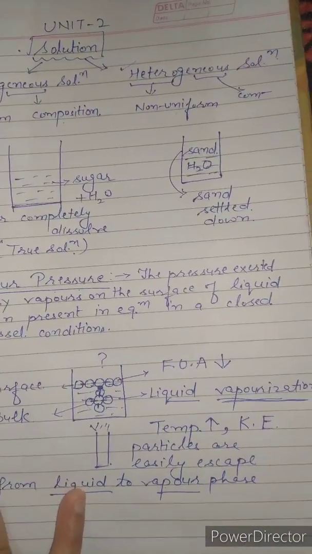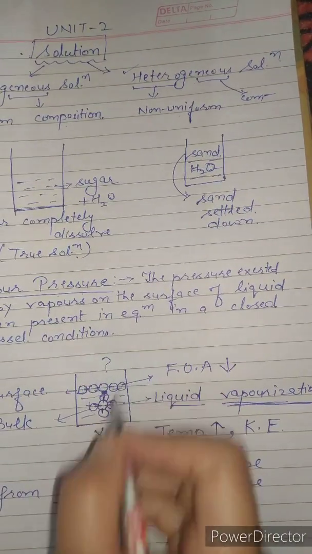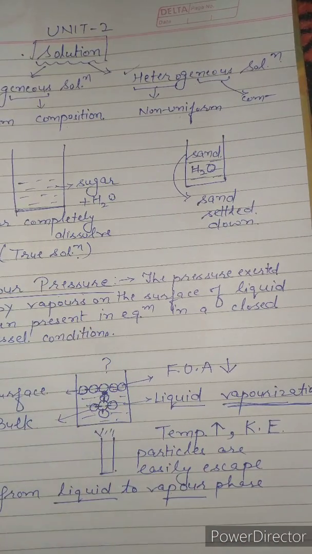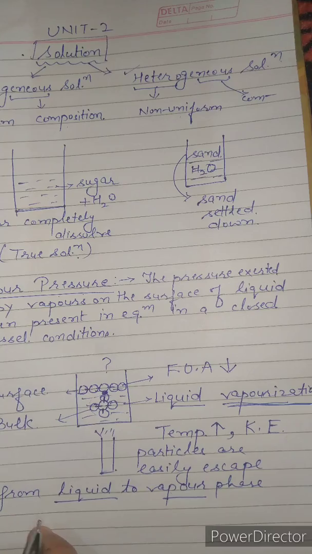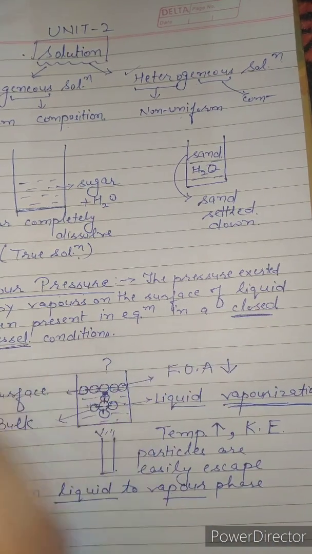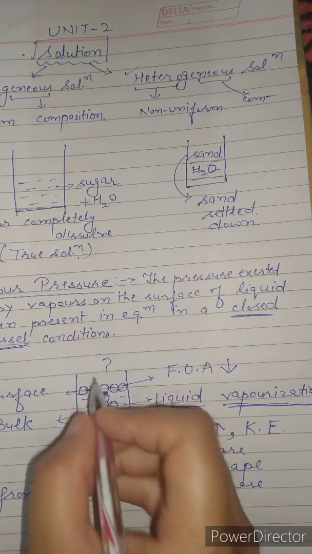Now, in this open vessel condition, we are not able to observe the phenomenon of vapor pressure because according to the definition, the condition is closed vessel condition.